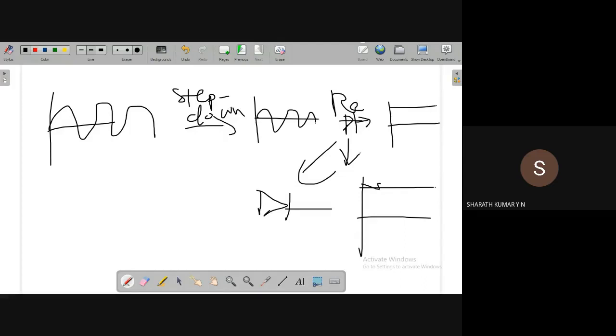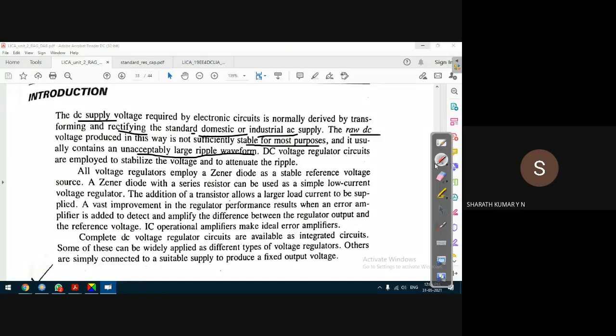We have seen this in our labs also. There is a diode filter circuit, and the output voltage is supposed to be pure DC, but it consists of ripple voltage because of the diode rectification. So it doesn't result in a proper DC signal, which is not suitable for most applications.